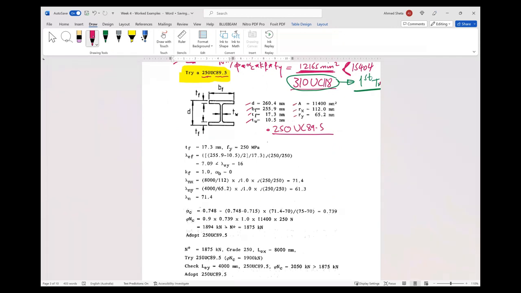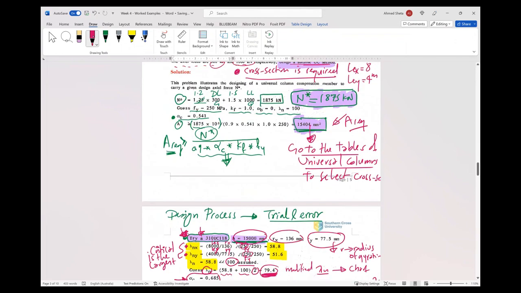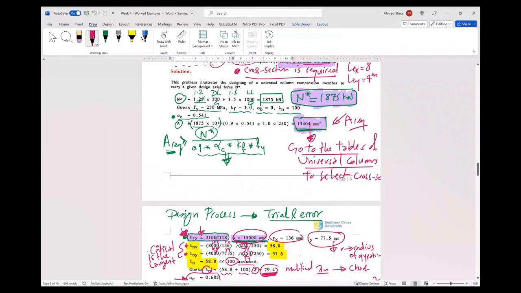So here we will use this one to find lambda EF and KF and lambda NX, lambda NY, and lambda N. Okay, we didn't just consider the first trial here because we have assumed some parameters, as we mentioned in this step.